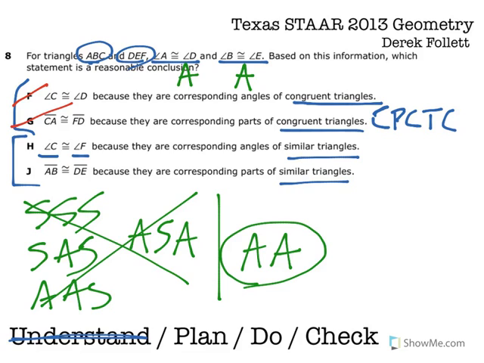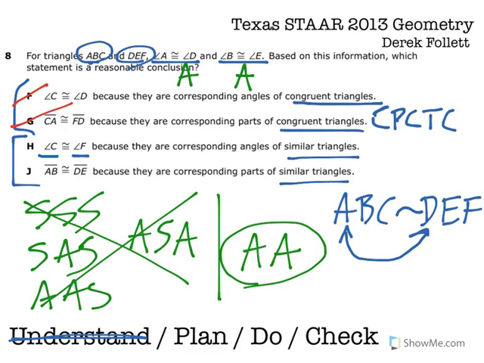I had triangle ABC similar to DEF, and my first congruence was that A was congruent to D, and my second was that B was congruent to E. So choice H is just saying, well then C has got to be congruent to F. They are corresponding in the way that those triangles are ordered there. So I think it's H. Pretty sure it's H.